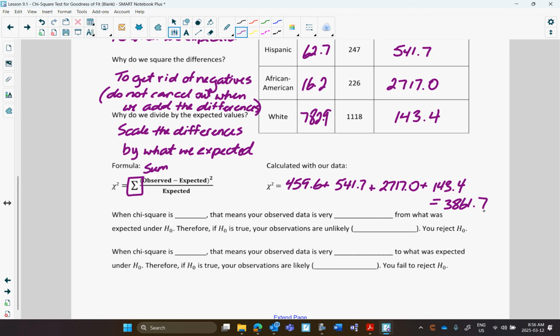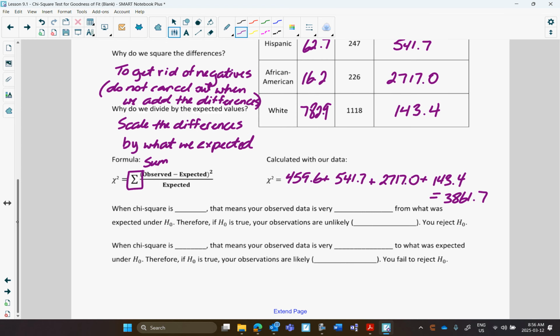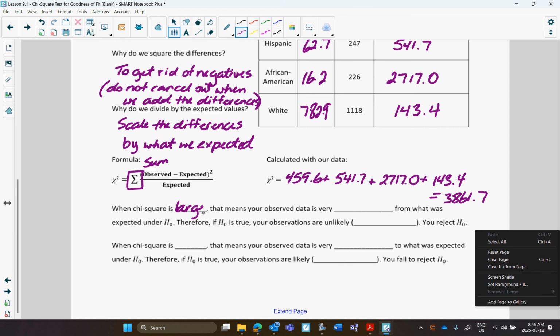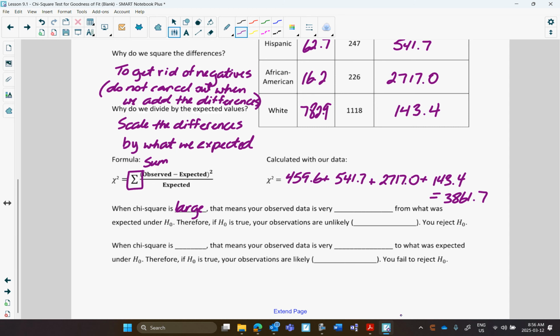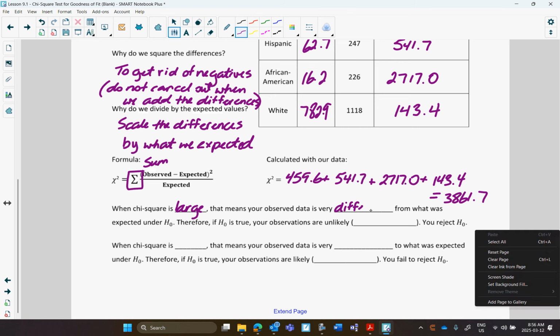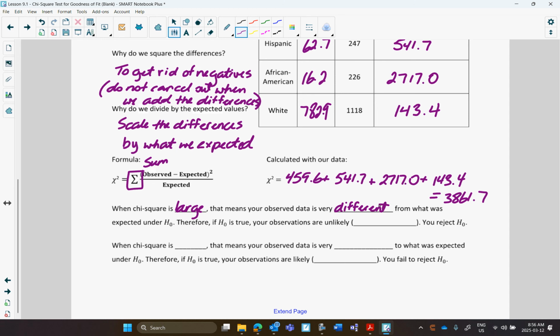Great. So what does it mean? Well, here's what it means. When it's a large number, that means that your observed data is very different from what you expected.